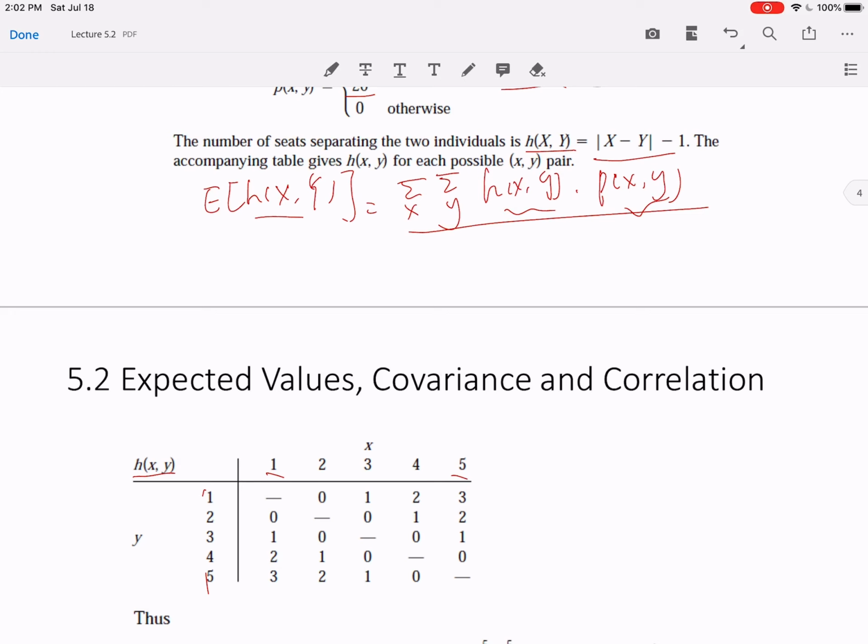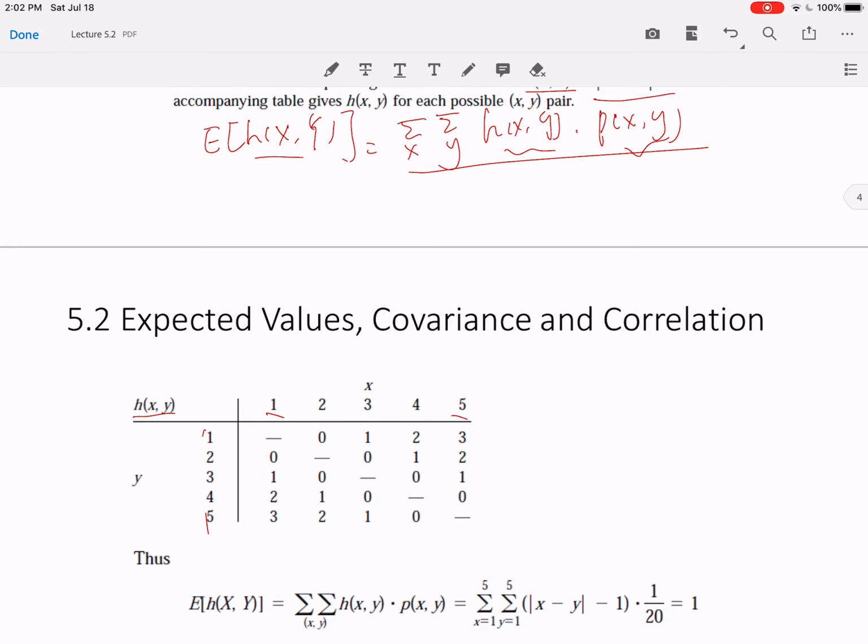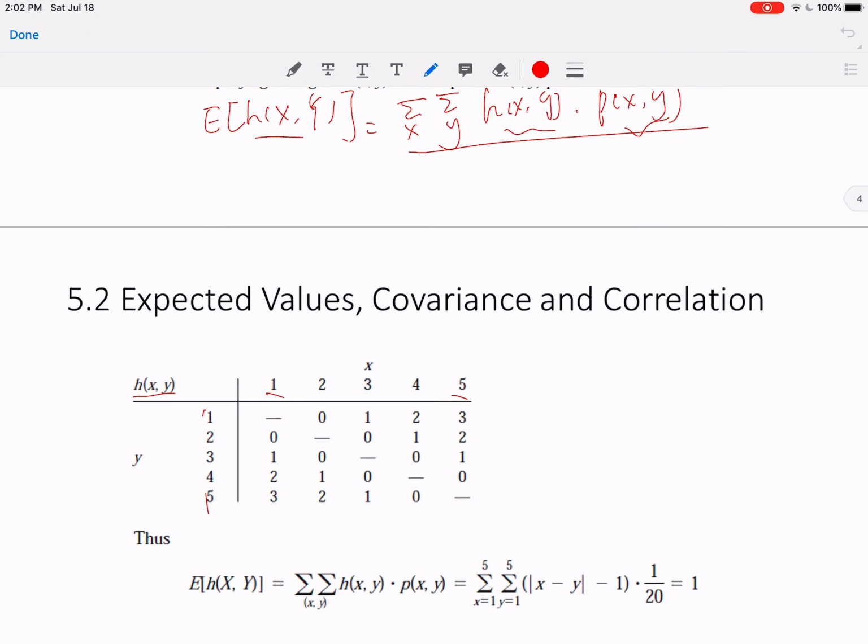But there's an exception, which is x is not equal to y. That's why we get nothing for the pairs in which x equals y, because x cannot be equal to y, right?